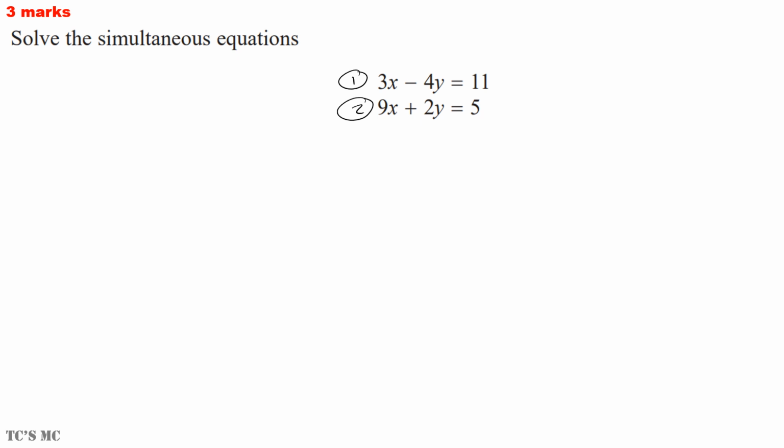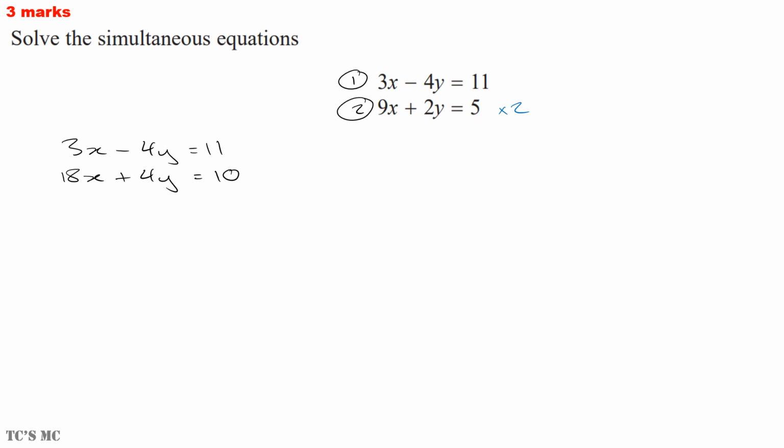I am going to multiply equation 2 by 2 to make the y's the same coefficient. I now have 3x subtract 4y is equal to 11, and I have 18x add 4y is equal to 10. Notice the coefficient in front of the y's are the same.